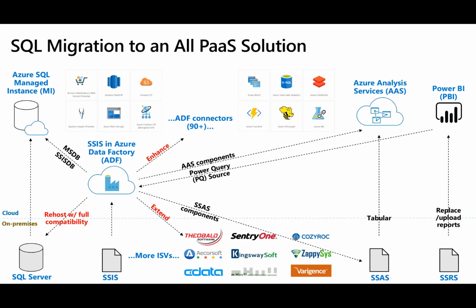You can find these components in Azure Marketplace, and they can be integrated with SSIS in ADF. So you can perform data cleansing or data matching operations in the cloud, everything running in the cloud, orchestrated by SSIS in ADF.